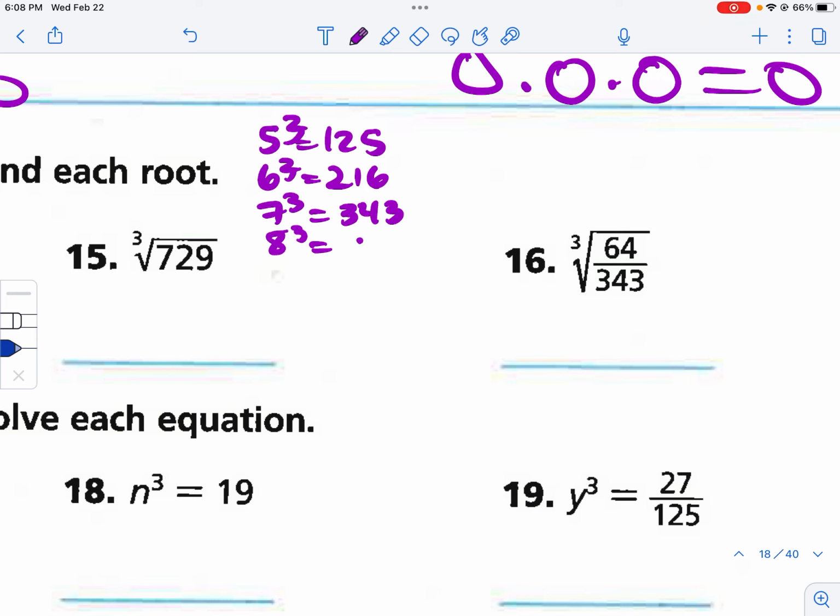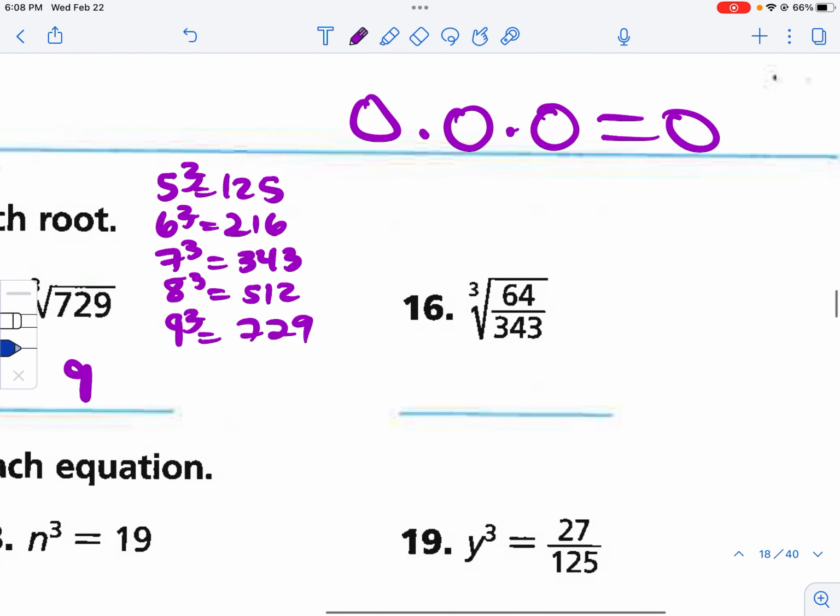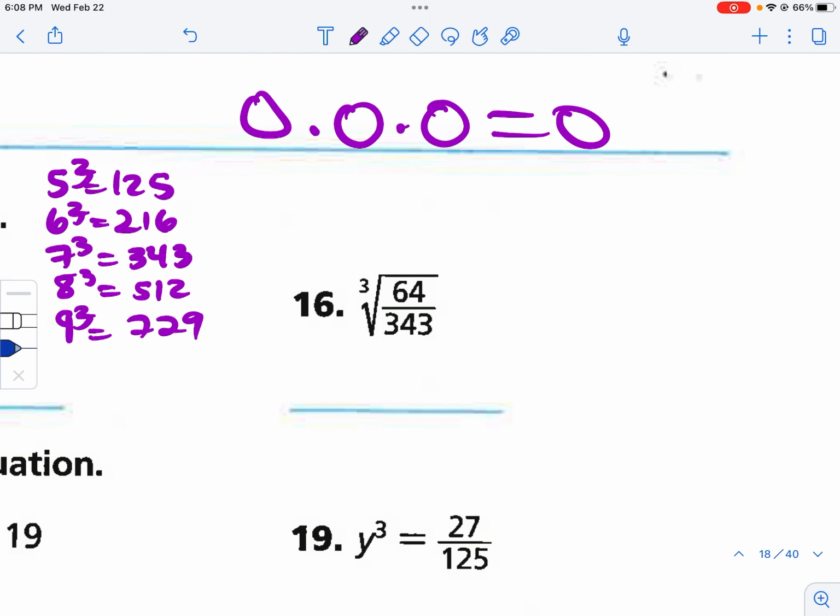That'll get us 512. 9 cubed. So 81 times 9 equals, oh, look at that, 729. It would be 9. This says 64. So 4 cubed is 64. So that's going to get 4 over 7.